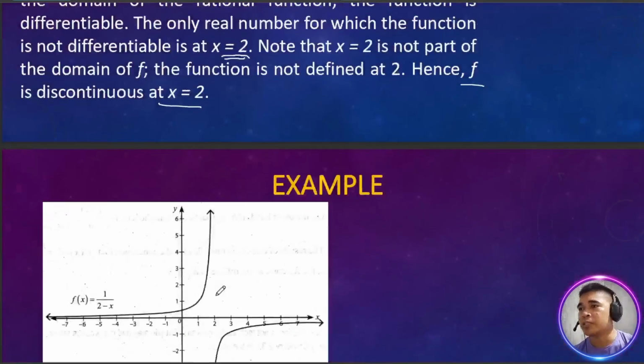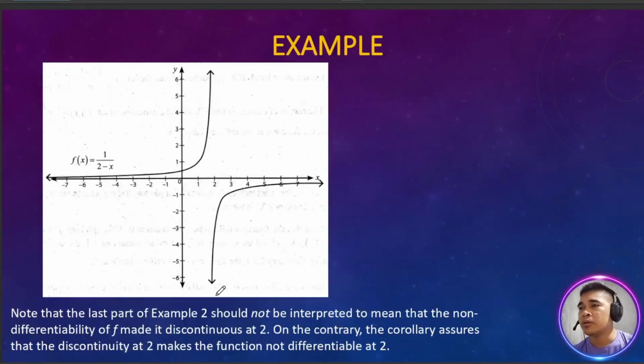So that is the difference. Now, this is the graph of our second example, f of x is equal to 1 over 2 minus x. As you observe at 2, we can see there is a discontinuity.